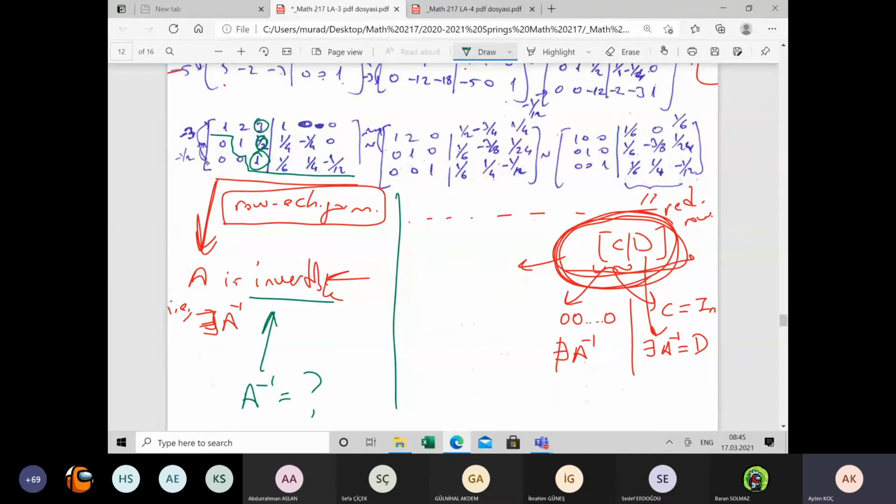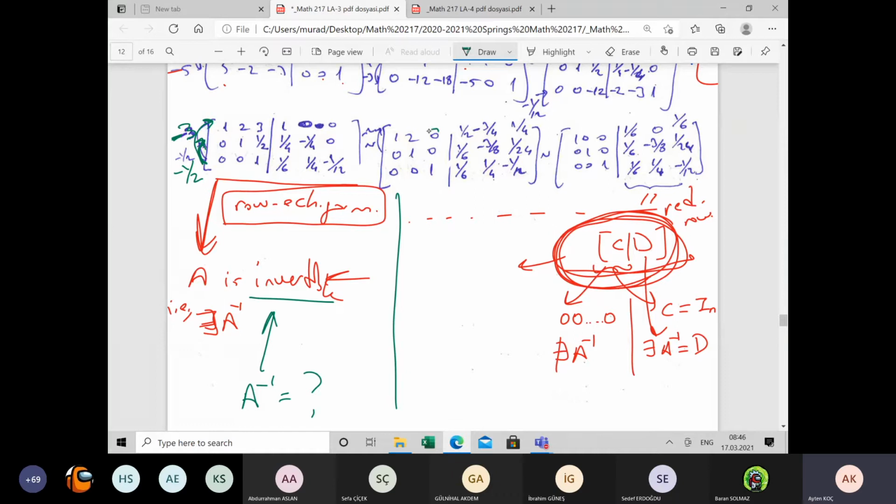Take the last row, multiply by -1/2 to get 0 in this position. Then take this one to get 0 here, multiply by -3 and add to the first row. So we apply this operation and we get 0, 0, 1.